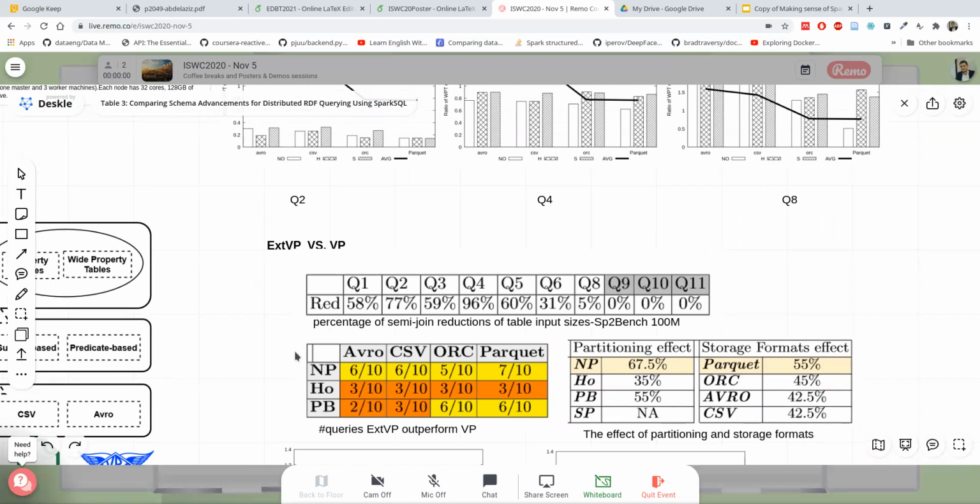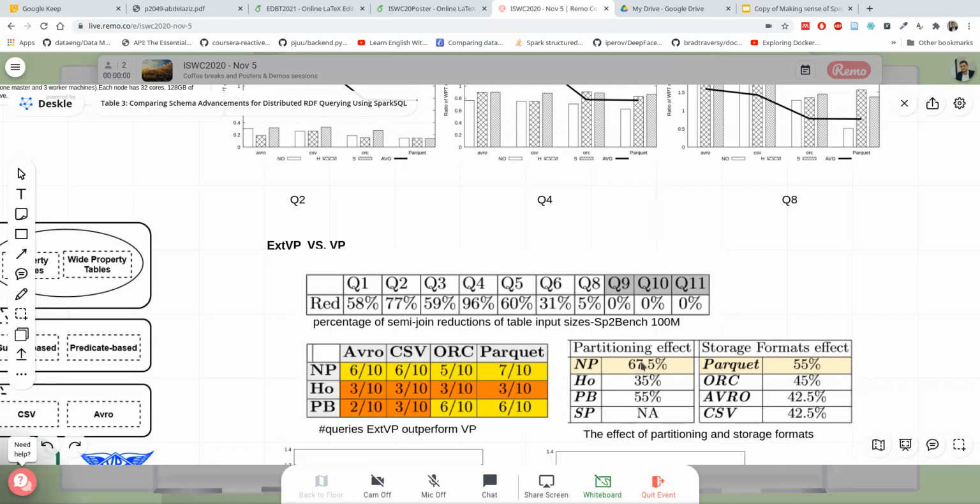We can observe that queries 9, 10, and 11 don't gain any input table reductions from the ExtVP semi-joins. ExtVP doesn't outperform the VT schema, even for the baseline state-of-the-art configuration, HDFS and Parquet. So it's only 7 out of 10 queries outperformed by ExtVP.